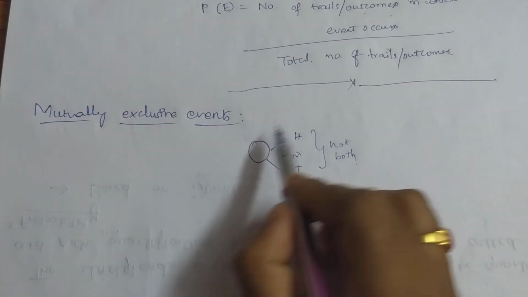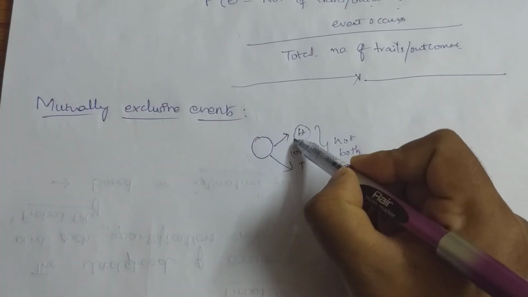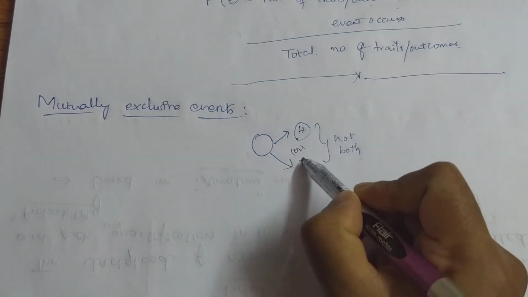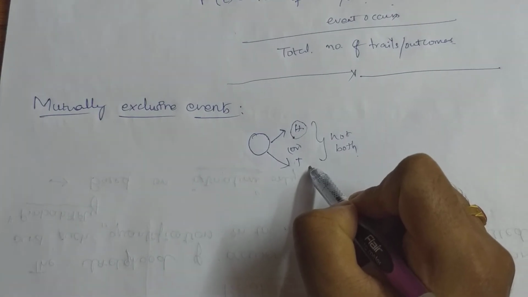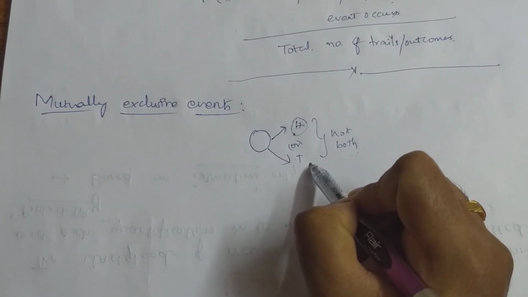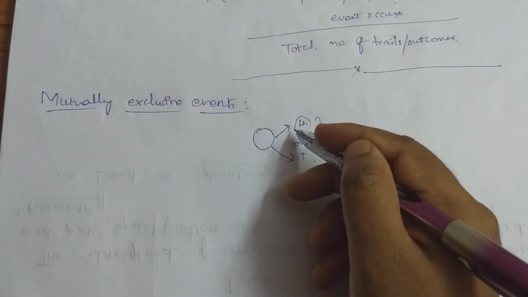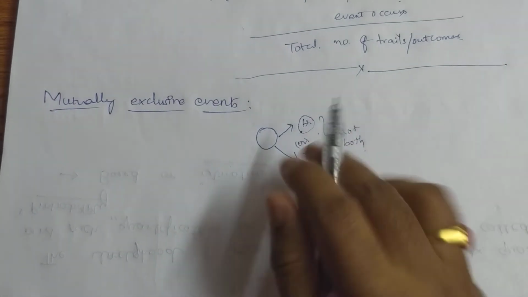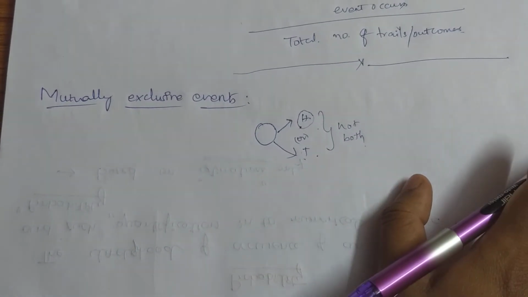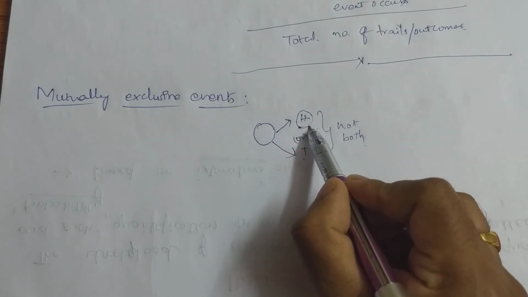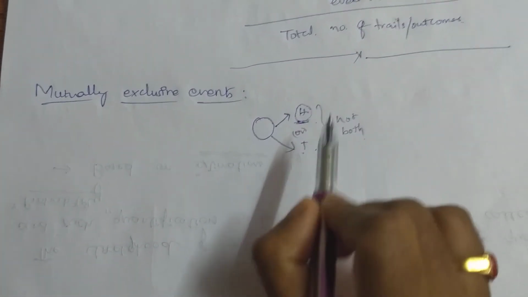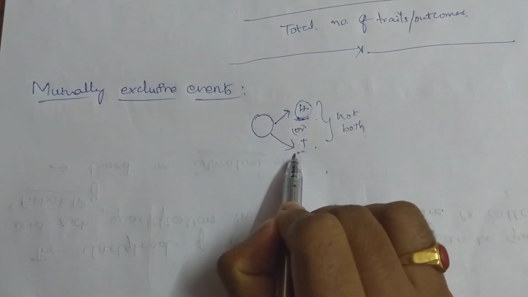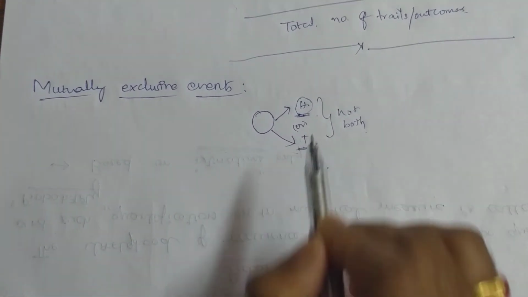Here the occurrence of heads prevents the occurrence of tails. Then these two events are called mutually exclusive events.